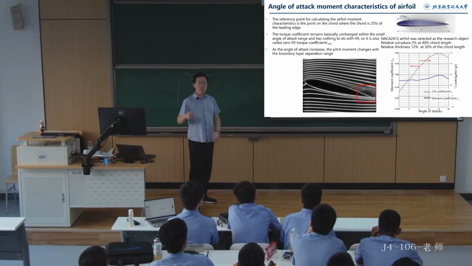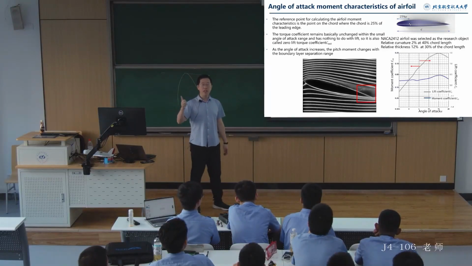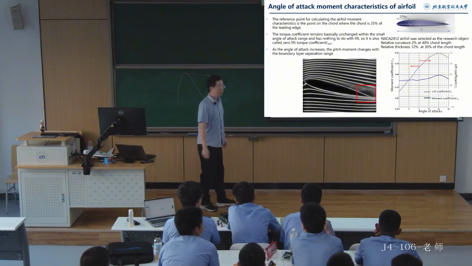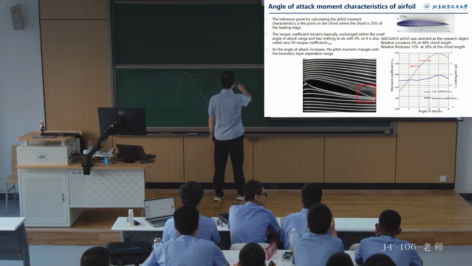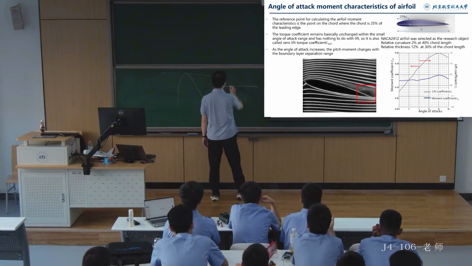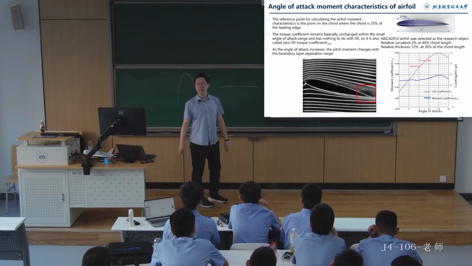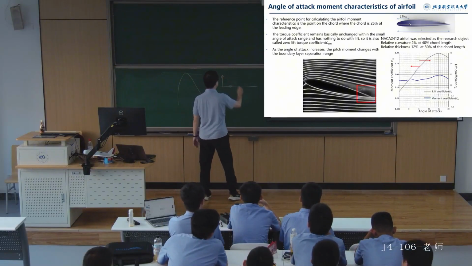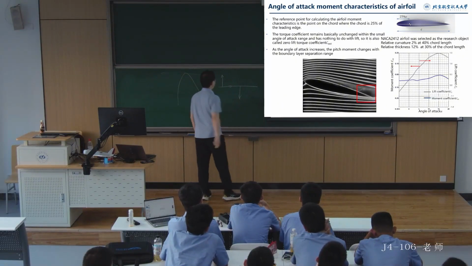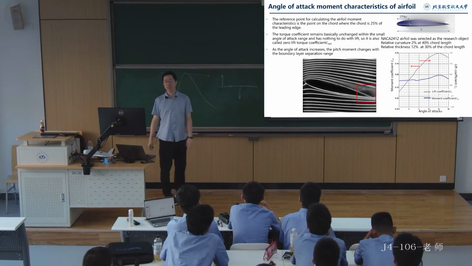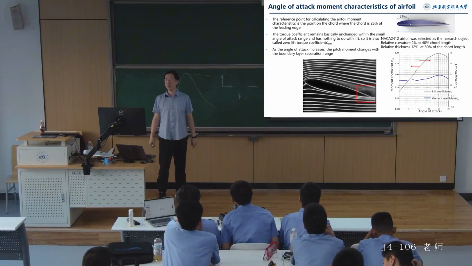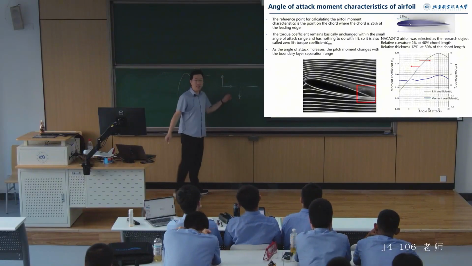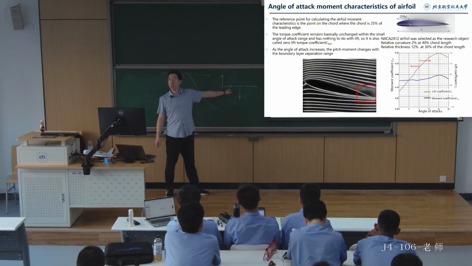Is it possible for lift to be 0, but the moment is not 0? Is there such a possibility? Can you imagine it? At this point, the resultant force corresponds to this. Is it 0 if these two forces are equal in magnitude and opposite in direction? It is 0, right?